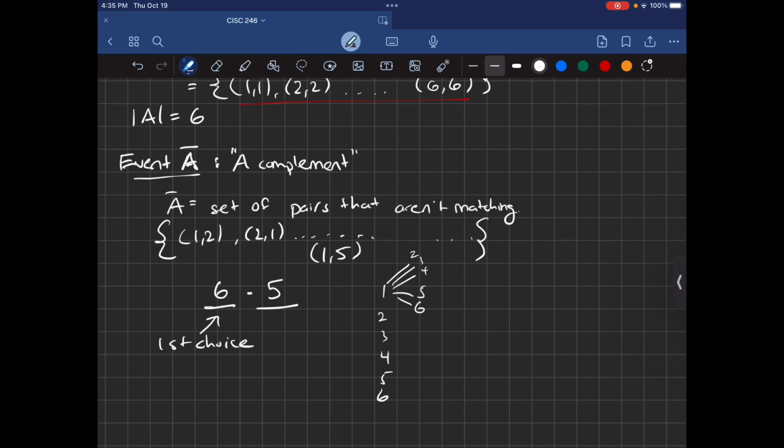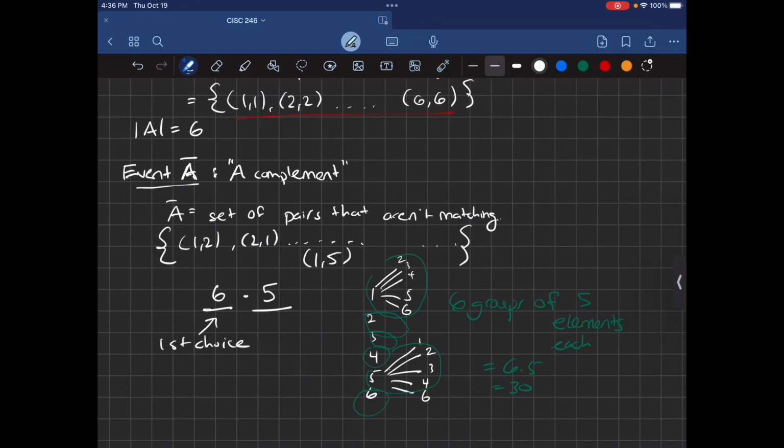Let's do 5 as our first die. 5 would have 1, 2, 3, 4, and 6. And in general, all of these are going to have the same number of arrows coming out of them. So we really have 6 groups of 5 elements each. And so that's 6 times 5, which equals 30. So lots of ways of counting, just as we did in the counting section.